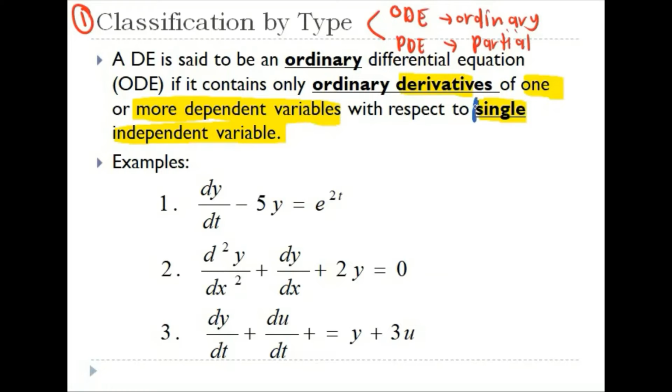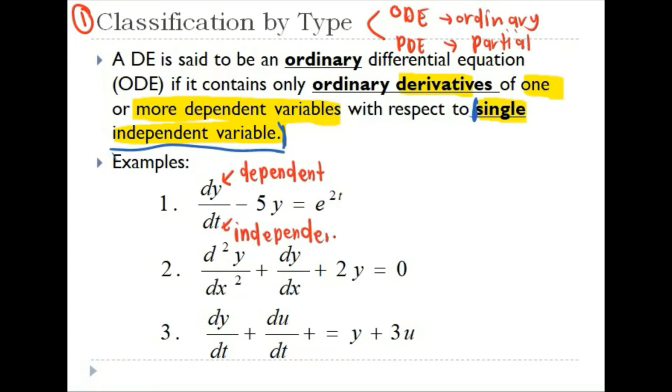This is the keyword: single independent variable. Look at the example here, dy over dt. Which one is dependent, which one is independent? If we interpret this equation, it means the rate of change of y depends on t, meaning y, the upper one, is your dependent variable, while the bottom one is the independent variable.